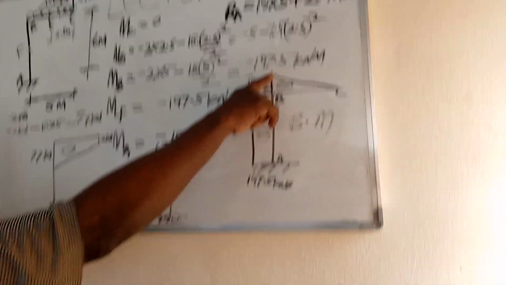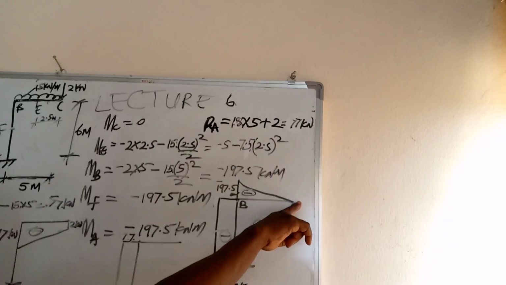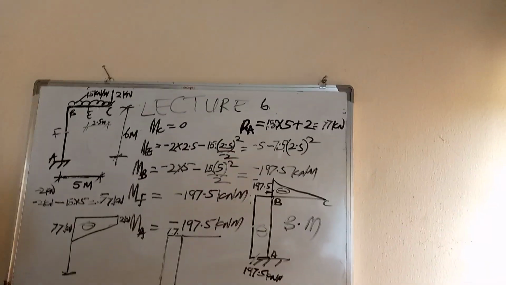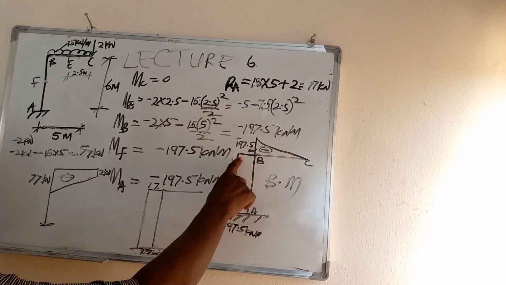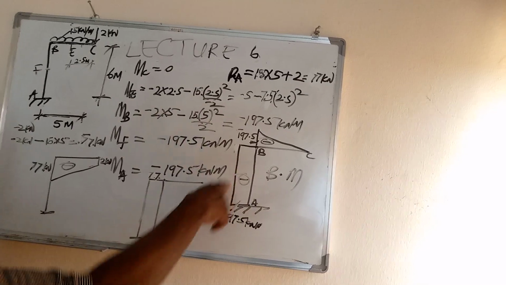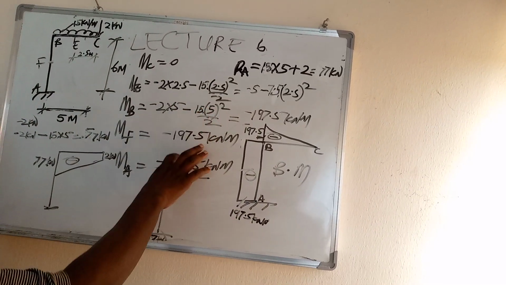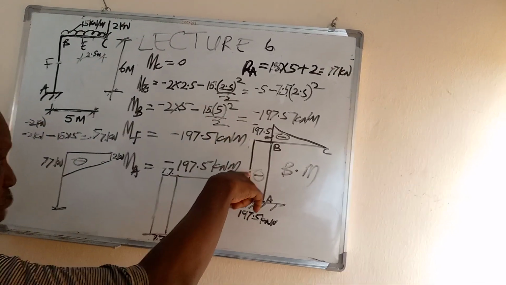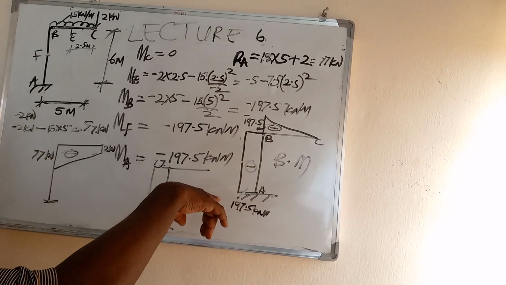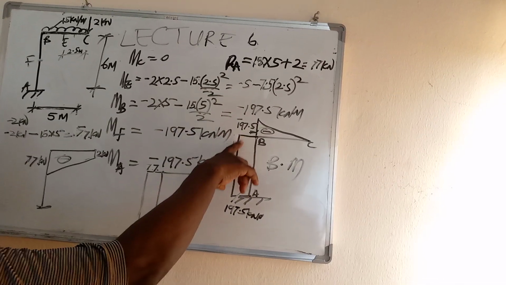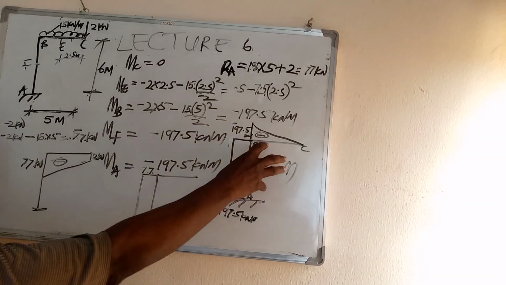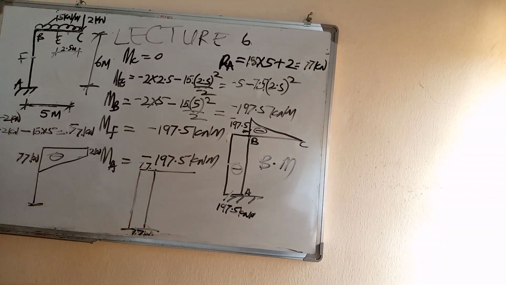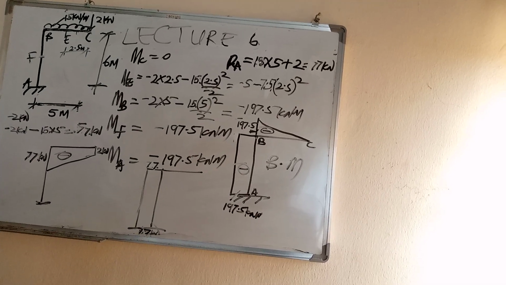That's why it has this curve, 0 at C and 197.5 at B. And from B down to A, the moment is concentrated. It was given the same value, and that is why it is a rectangle, with the same value, 197.5. This is the bending moment diagram for the frame.